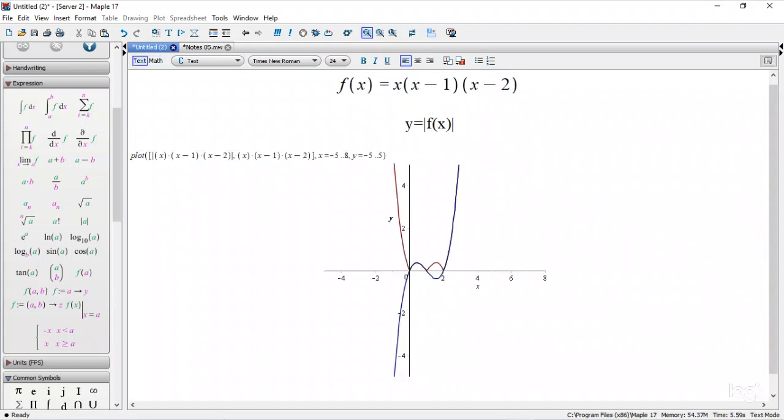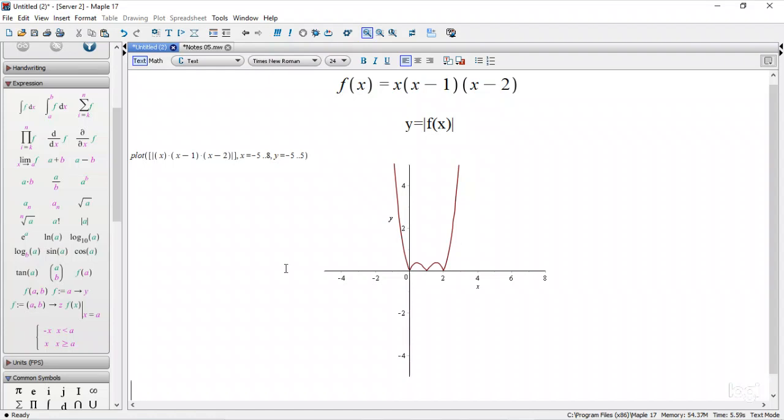Yes. Now you can see that when you look at the y values of the blue graph and look at the negative values, all negative values turn into positive values. If I delete the original graph so it is clear, so this is the y = |f(x)| graph.